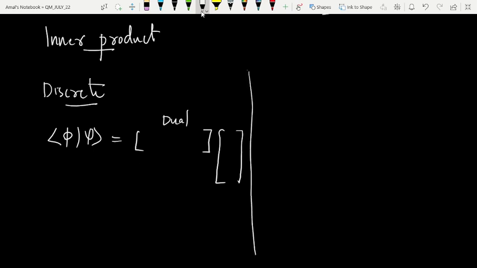So what is the inner product in the continuous case? So inner product of one vector, phi, with another vector, psi. What we can do is insert an identity operator here.